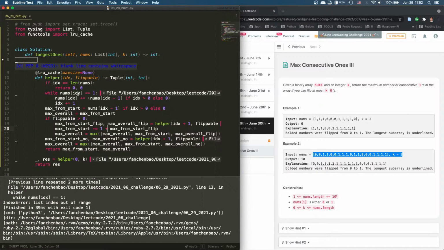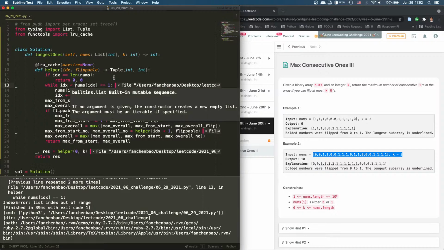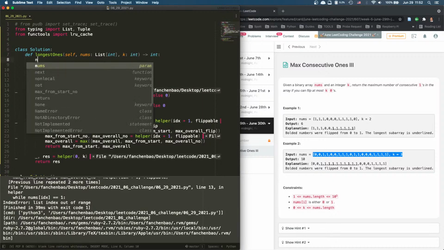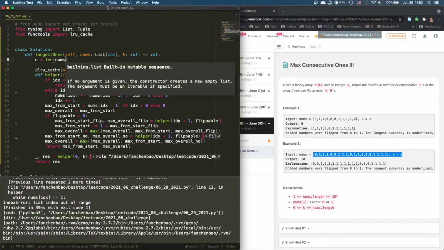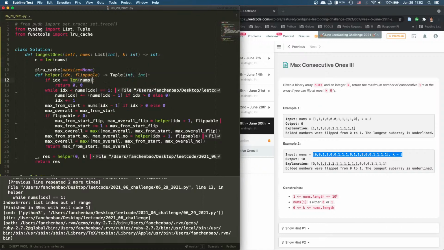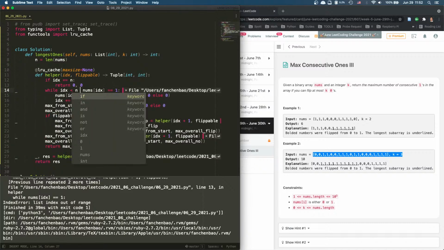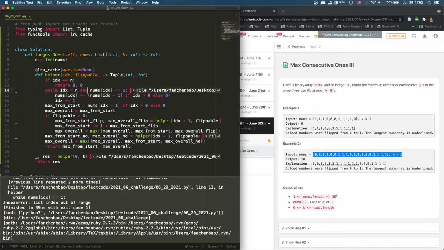That's fine. Let's see, how is out of range? Well, it's out of range because we have to do index is smaller. Alright, let's put n here. N equals len nums. So this one equals n. And this has this smaller than n.